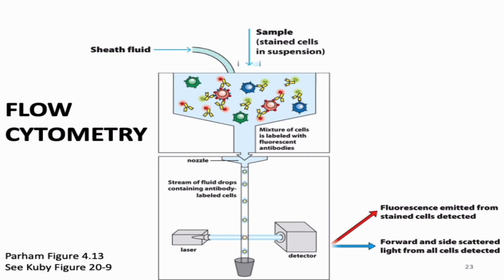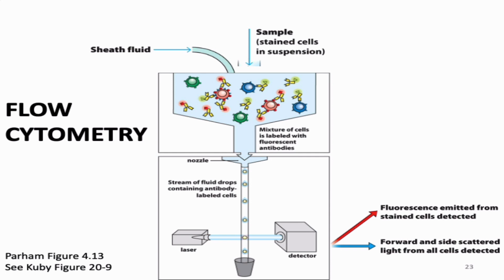If it goes through this cell, there's lots of stuff in there. And because there's lots of stuff in there, the light gets bounced around off the stuff. The detector can detect that, and that's known as the side scatter, or SSC, which is a measure of the granularity of the cells.